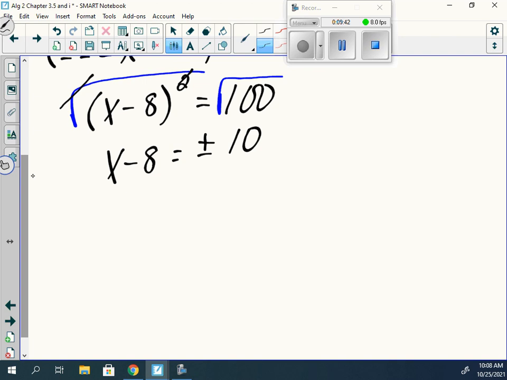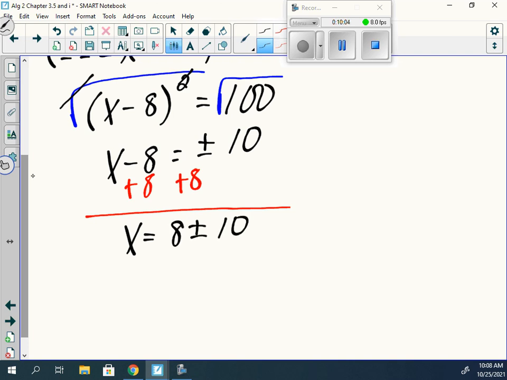Whenever we square root both sides, we have to add the plus or minus to the one side. Is x by itself? Well, no. We need to add 8 to both sides, which tells us x is equal to 8 plus or minus 10.